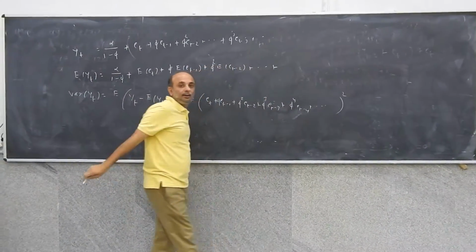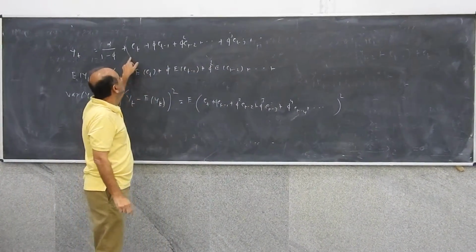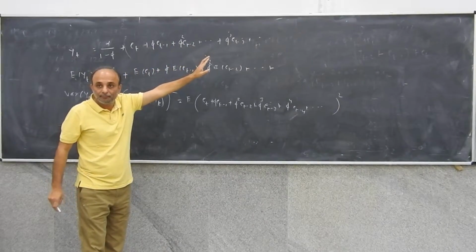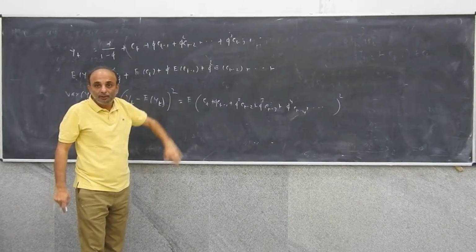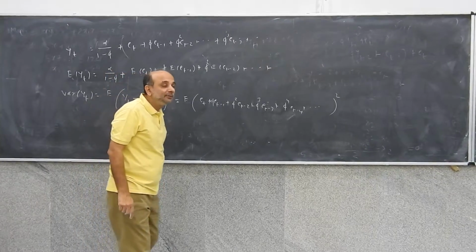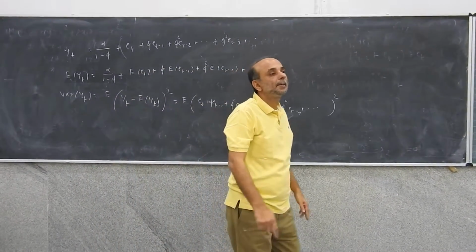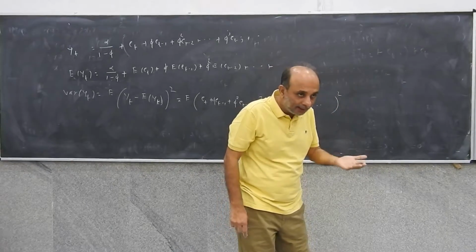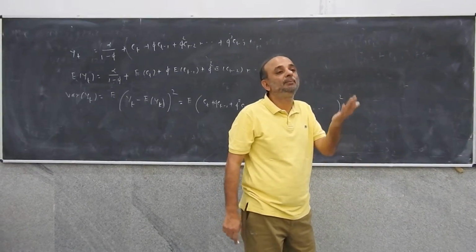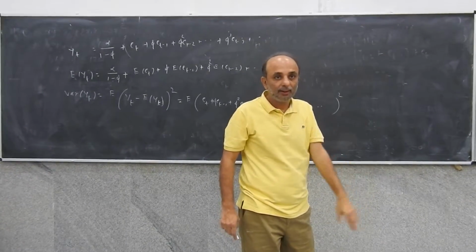We are looking at the variance of this whole sum. Right? What is the variance of x plus y? Variance of x plus variance of y plus 2 covariance of x and y.